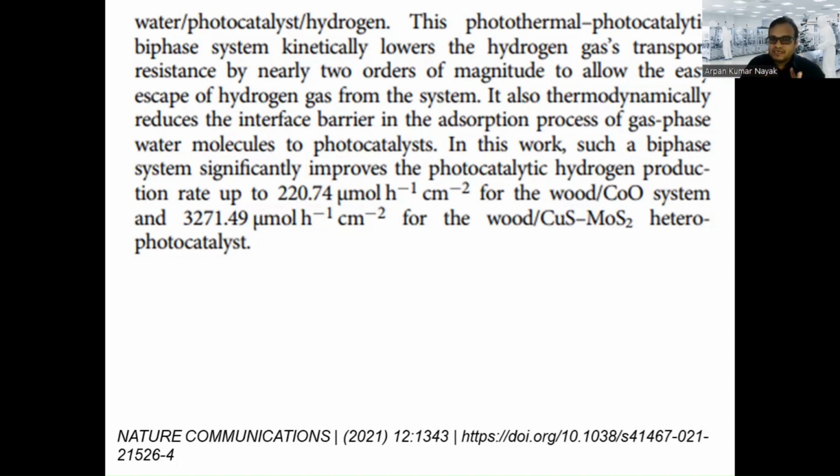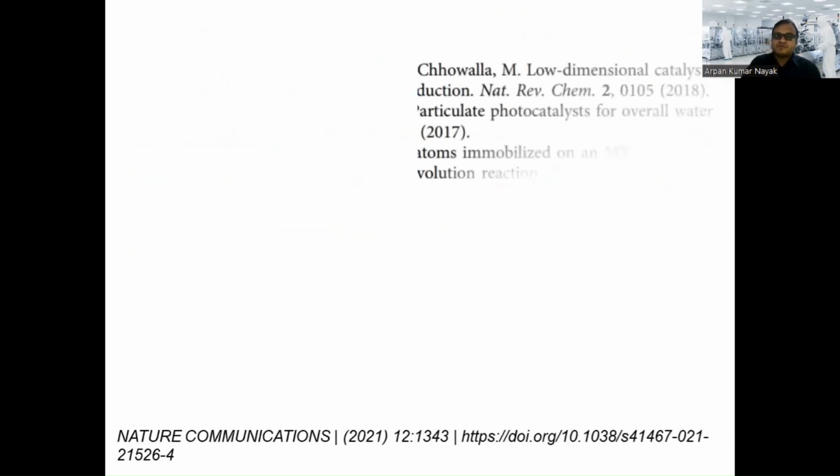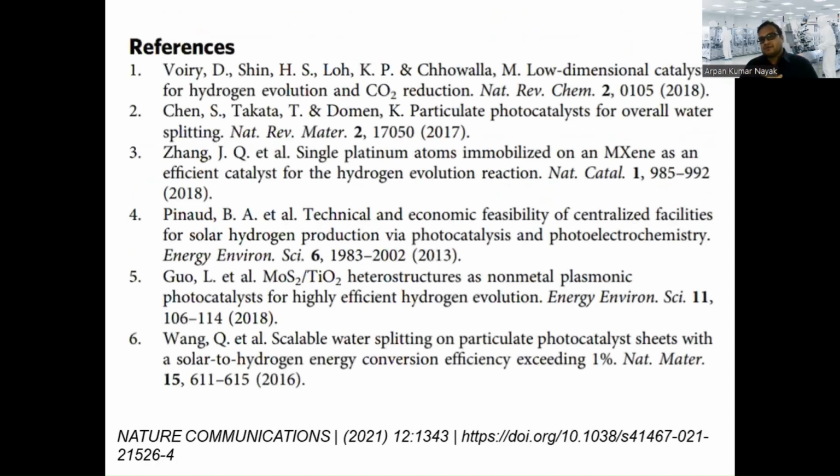Next, I told that when we write the introduction section, we have to focus on the references. So let's see what references they followed in this manuscript. Now you can see the first reference is Nature Reviews Chemistry. Second reference, Nature Reviews Materials. Third reference, Nature Catalysis. Fourth reference, Energy and Environmental Science. So you can see all top class, reputed journals, from Nature, they kept it.